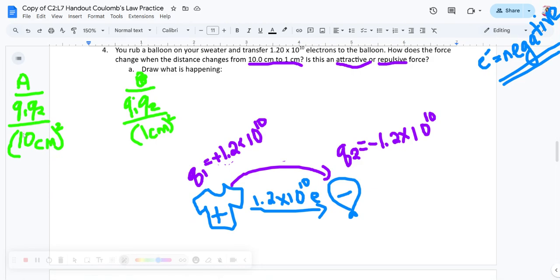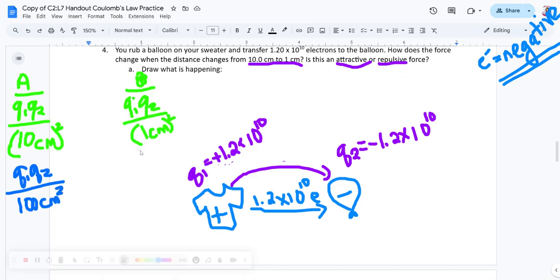So that means that this becomes 10 times 10, right, to be squared. So let's go ahead, we're gonna rewrite this, Q1, Q2, over 10 squared is 100, and centimeter squared is just centimeter squared.